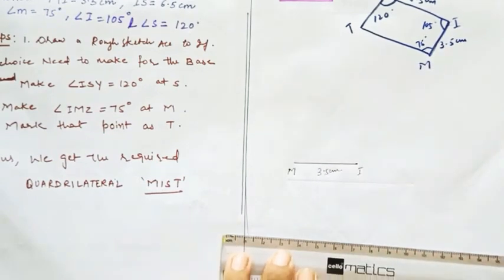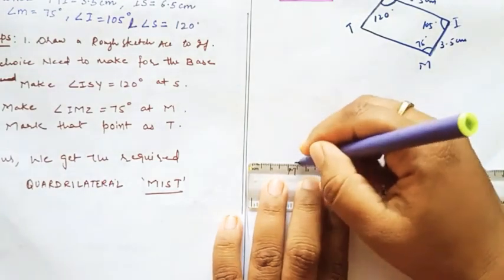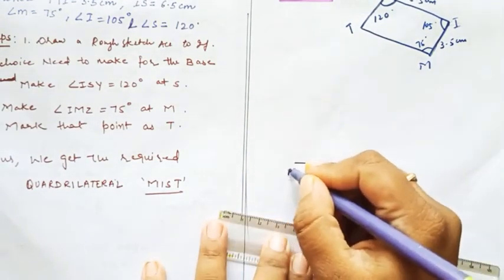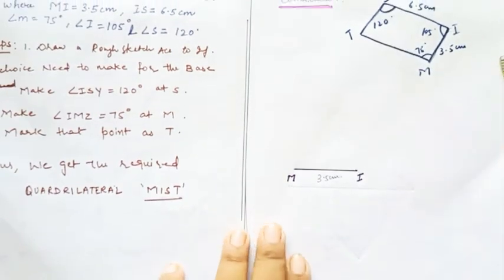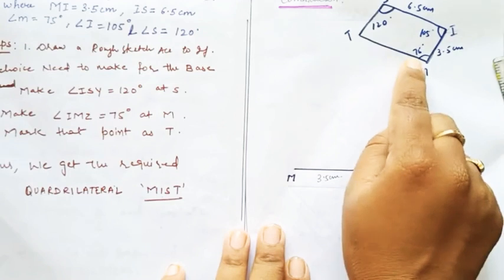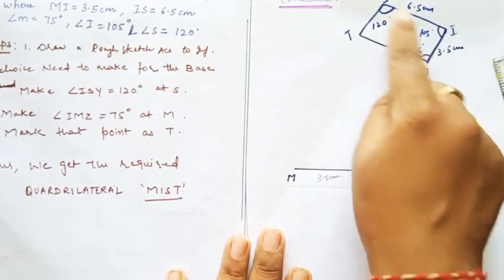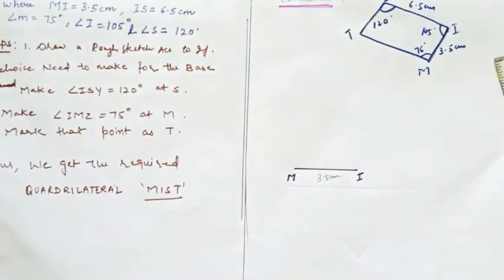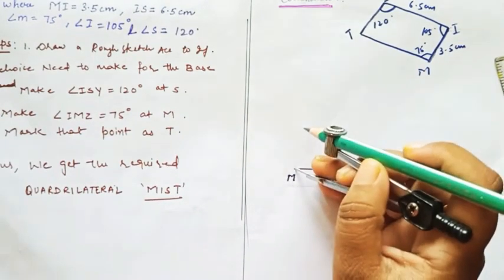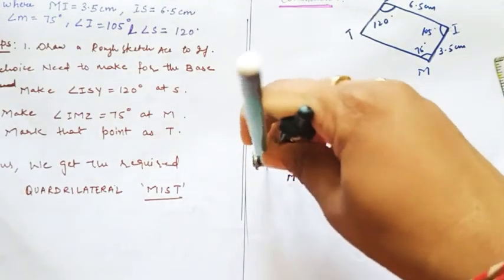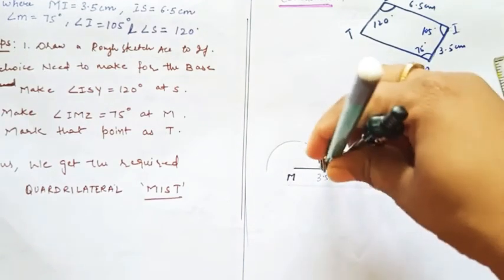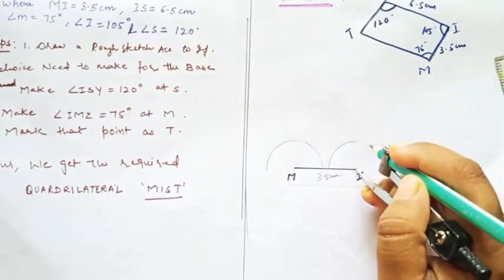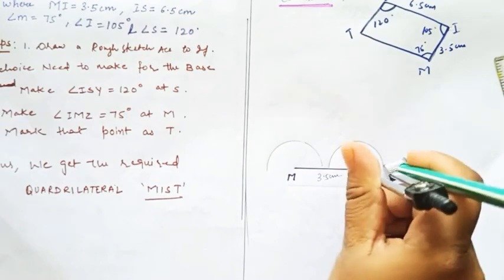To make it more clear, I'm just making it with a sketch. Now from M we construct 75 degrees and from I 105 degrees. I have already taught you how to make 75 degrees with the help of a compass. You draw 75 degrees from M and 105 degrees from I. See, here I am doing it.